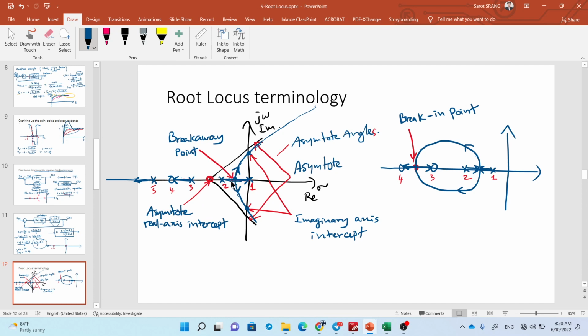We just need to find these two parameters, the intercept on the real axis and the angle, then we can draw the asymptote easily. Another one is break-in. We have a breakaway point from the double root on the real axis, and then we have break-in.